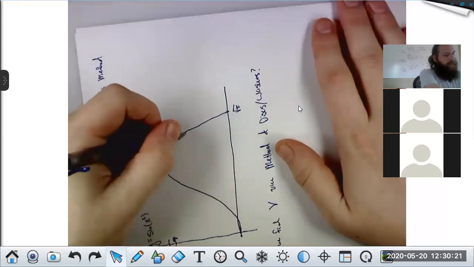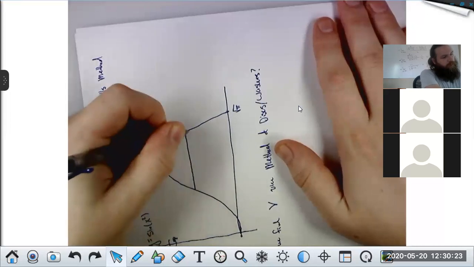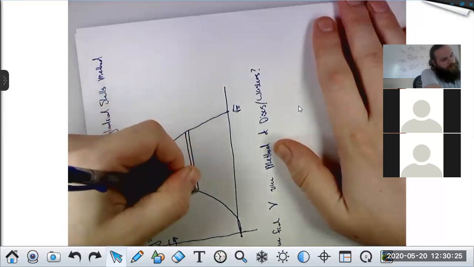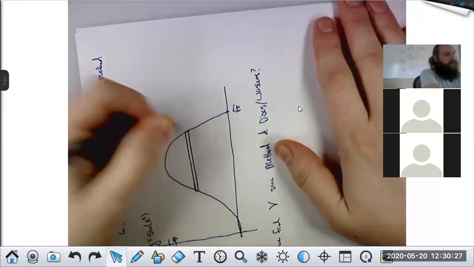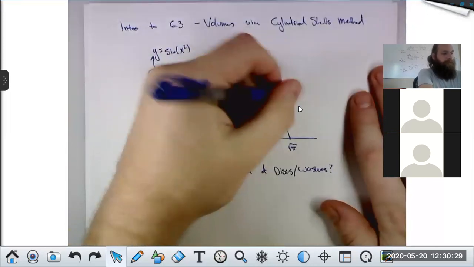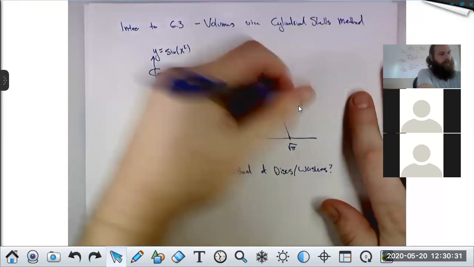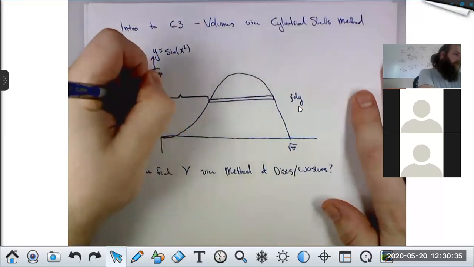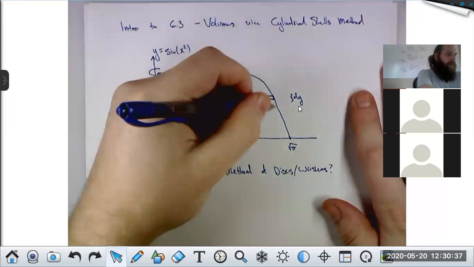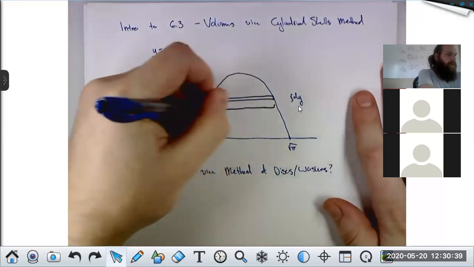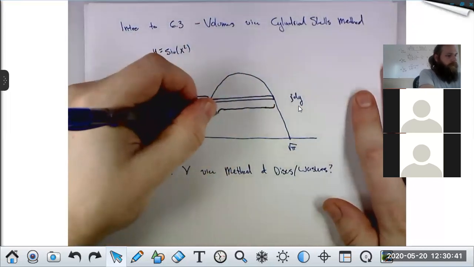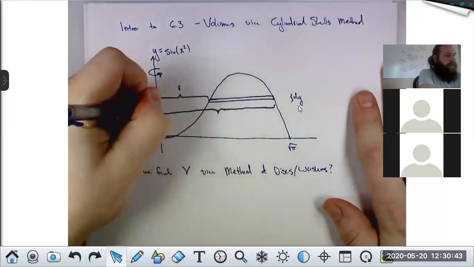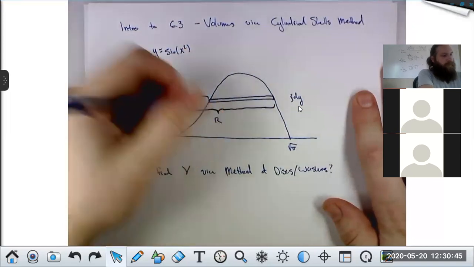Well, if I jump into this with the disk washer method, I'm going to draw my strip like this. It would have a dy thickness, which means I would need to give this distance and this distance as functions of y.